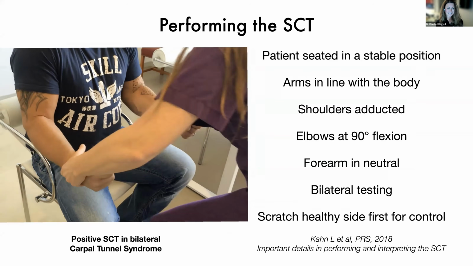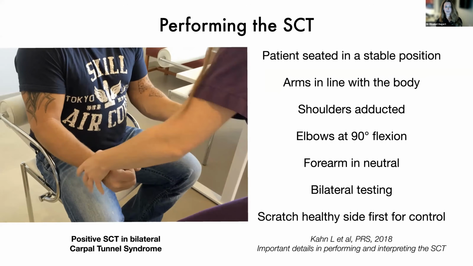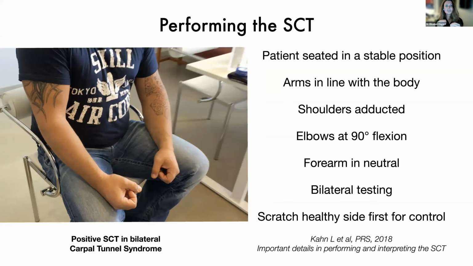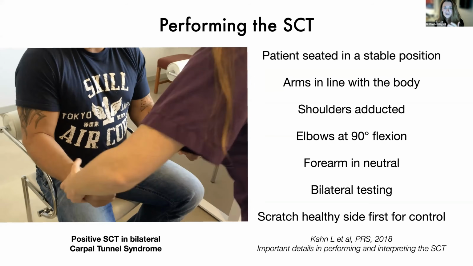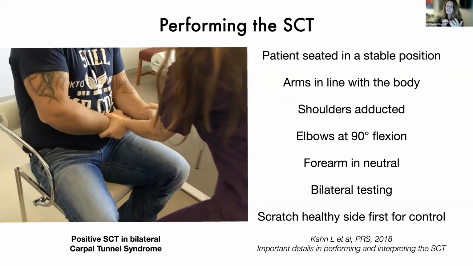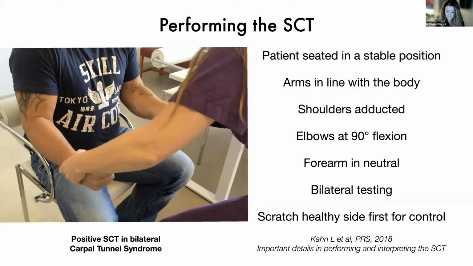So what you do is you test the strength in external rotation, you scratch over the carpal tunnel, and he can no longer resist. And if nothing else, do this because it's so much fun to do with your patients. They're going to love it because they laugh, they have fun, they feel like you're doing something as a true physician and clinician.